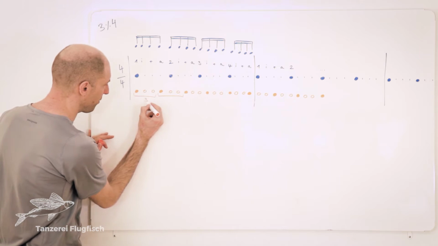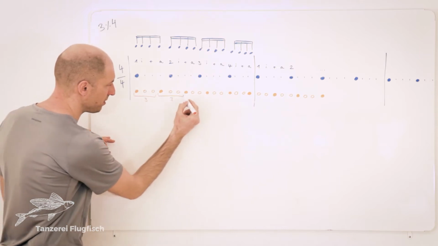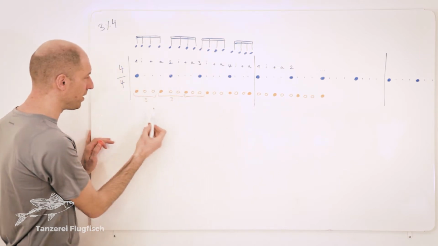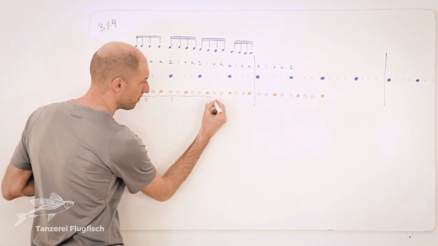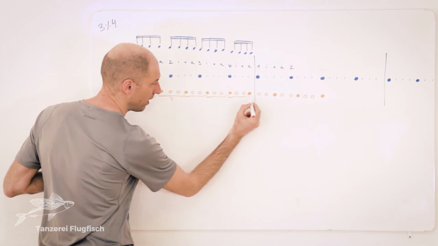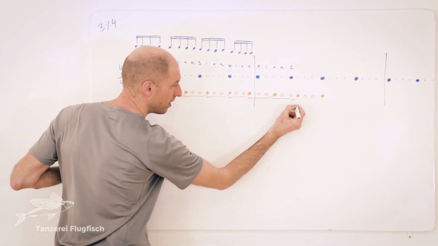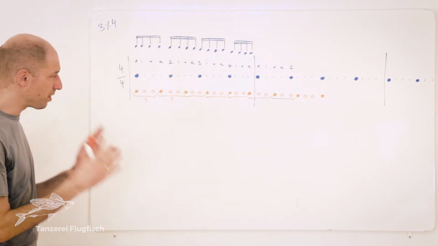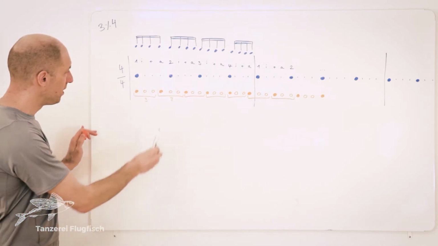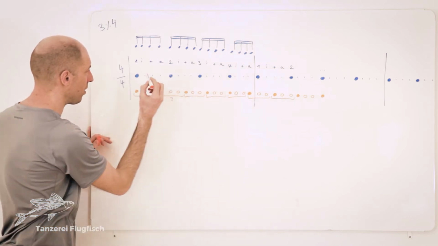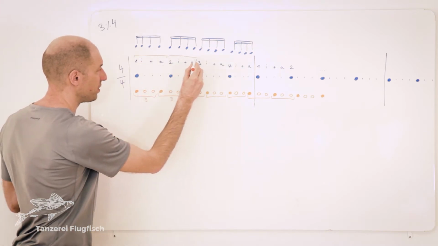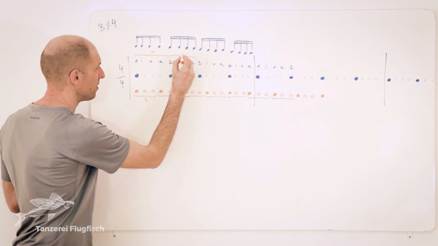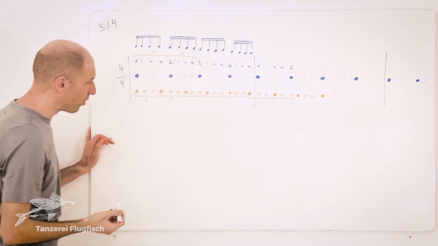It's the duration of 3 subdivisions. I'm marking the beginning of each with a full orange circle. So here we have all these groups of 3, and we just do them repetitively over the grid of 4 subdivisions, and that's why we call it 3 against 4.